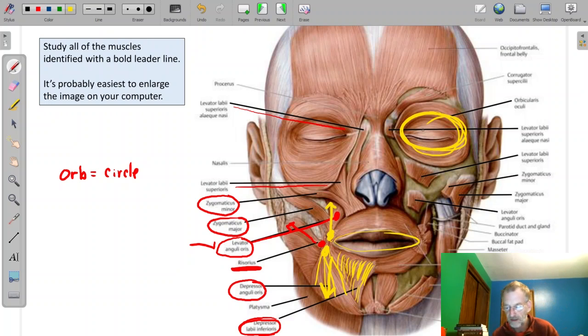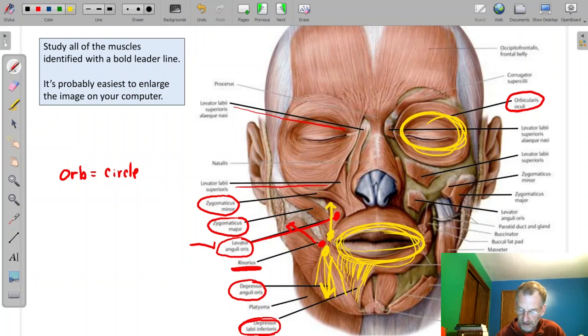So there is an Orbicularis oculi, oculi for eye, and we also have an Orbicularis oris. Just runs around like this. Allows you to make fish lips.